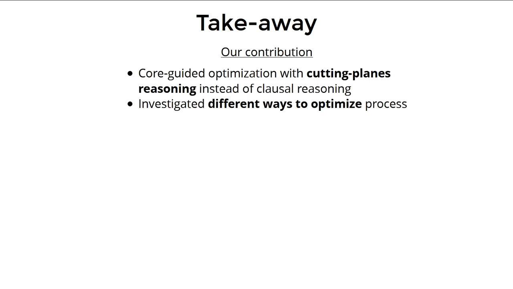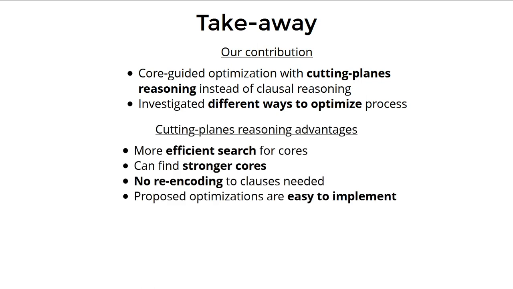To summarize, the contribution of our work is the extension of core-guided optimization to a cutting planes reasoning context, and the investigation of different ways to optimize this process. This led to an approach that can more efficiently search for cores, can find stronger cores, does not require re-encoding of the extension constraint to clauses, and just makes a lot of optimizations easier and more natural.